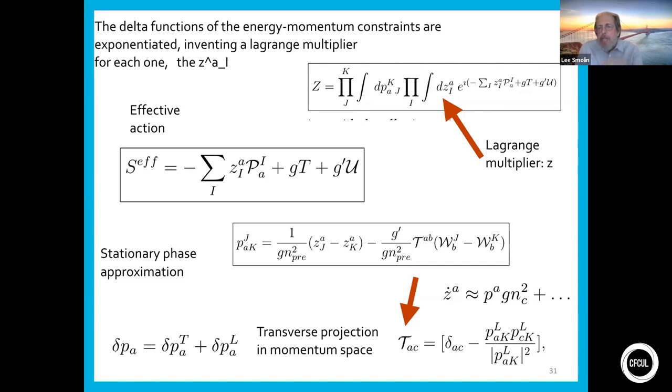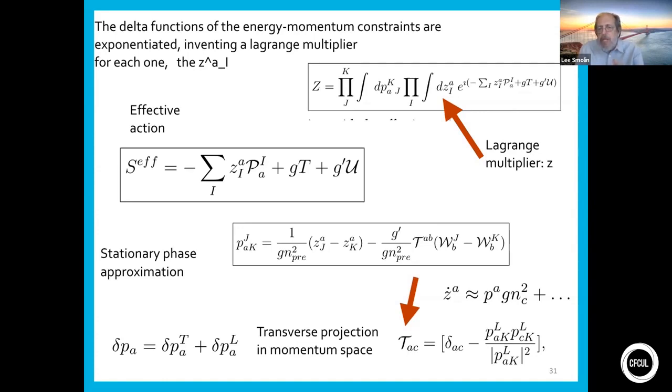And I can exponentiate that constraint by introducing a Lagrange multiplier, Z, and writing delta of the constraint as integral over dz of e to the i z times the constraint. And Z is in the dual space to momentum space, in other words, configuration space. So the Z's are a way to get an emergent notion of an embedding in space-time dual to momentum space into the theory. So that's kind of the cheap trick.